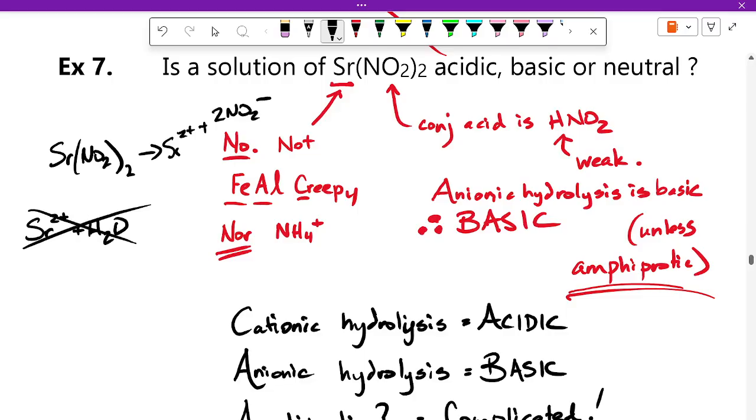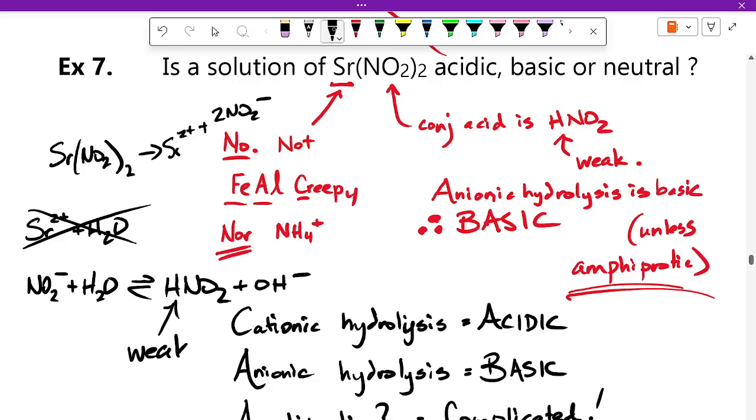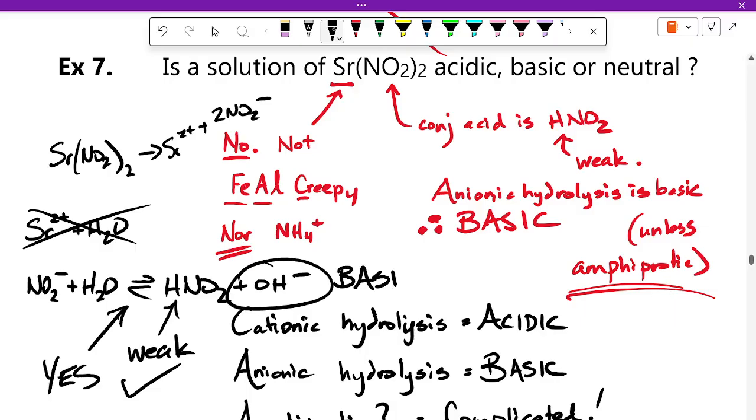No. Does NO2- react with water? What could it do? It could only accept a proton. So I'll make it accept a proton: HNO2, OH-. At that point, I can say, is this strong or weak? That is weak. So yes, this happens. And what kind of solution did we get? We got a basic solution.